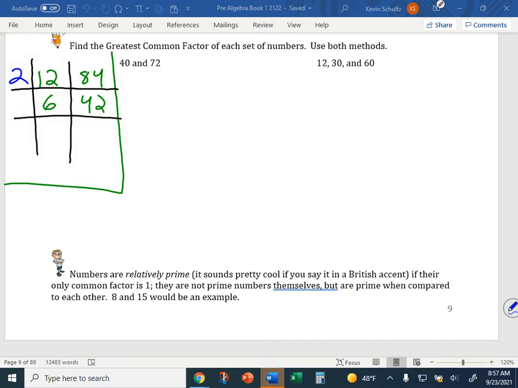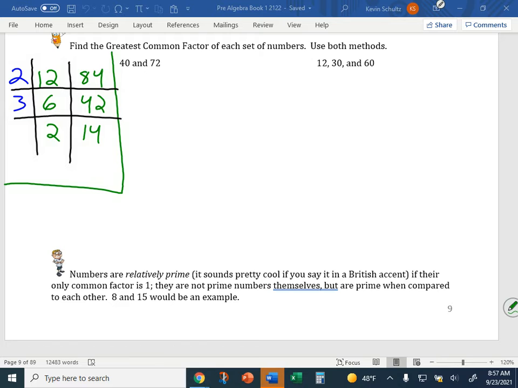Now we've got 6 and 42. What can we divide both 6 and 42 by? Haley? 3. So I'm going to put a 3 out here. And 6 divided by 3 gives me 2. 42 divided by 3 gives me 14.